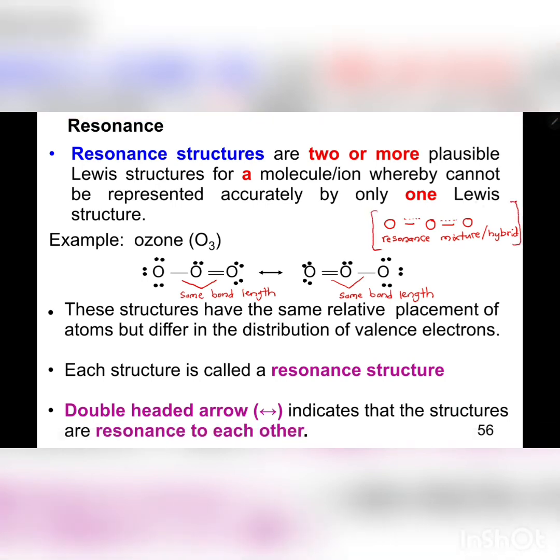This structure represents both resonance structures of O3. We call it the resonance mixture or resonance hybrid.